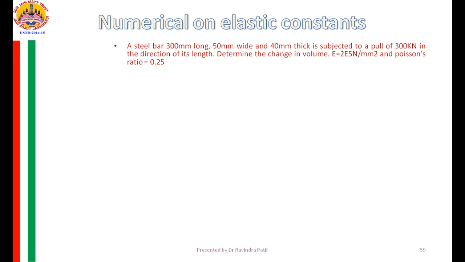Volumetric strain is the sum of the strains in three mutually perpendicular directions. Therefore, you can calculate epsilon V by knowing the linear strains and lateral strains, and taking the sum of them.